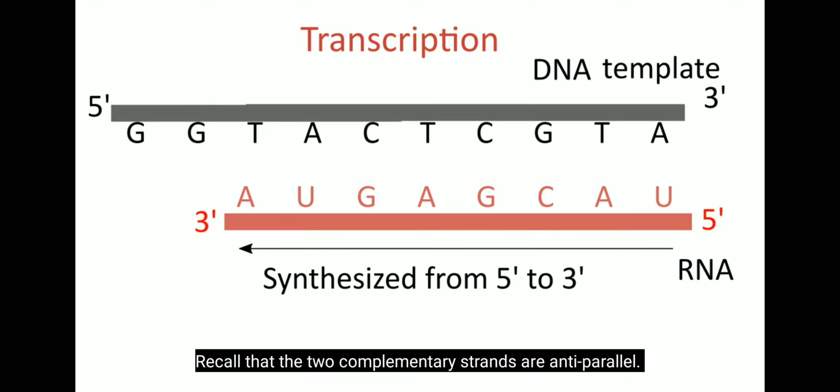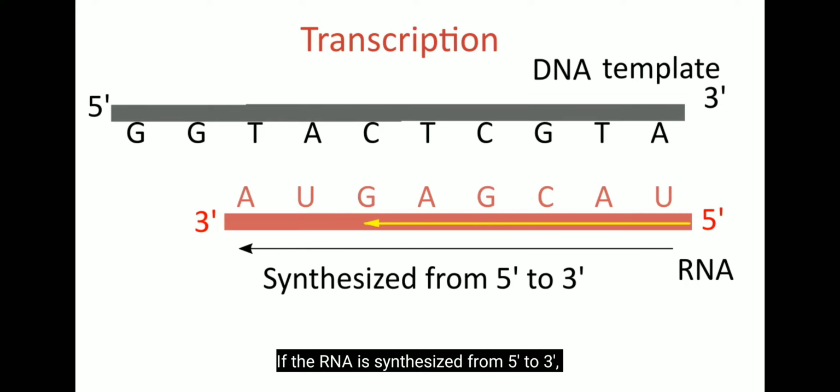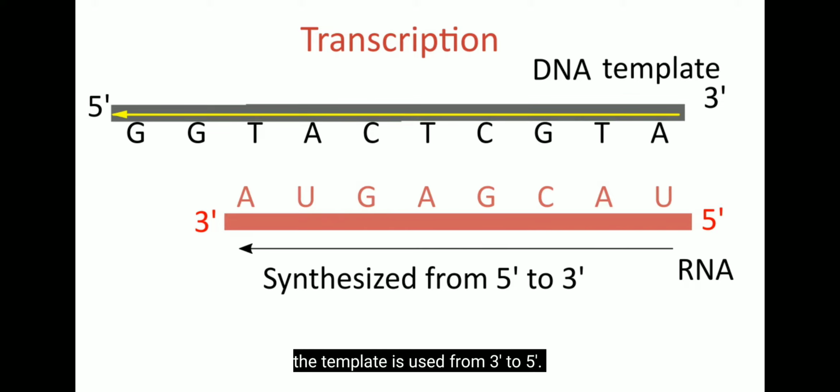Recall that the 2 complementary strands are antiparallel. If the RNA is synthesized from 5' to 3', the template is used from 3' to 5'. This means that the DNA sequence is always read in the same direction when RNA is made.